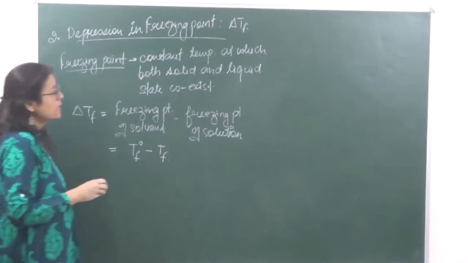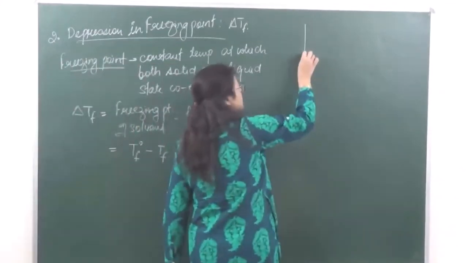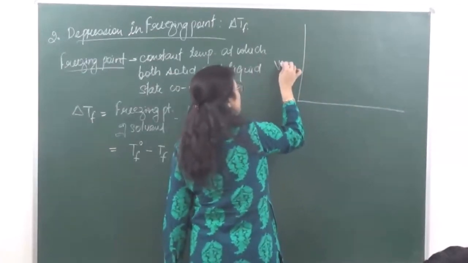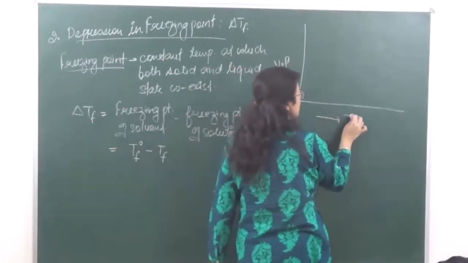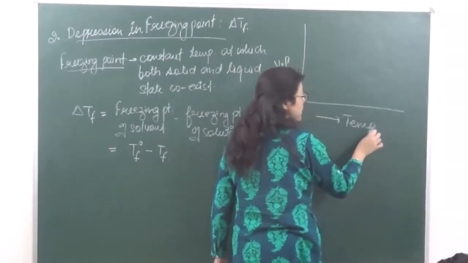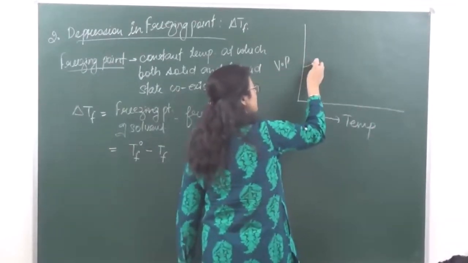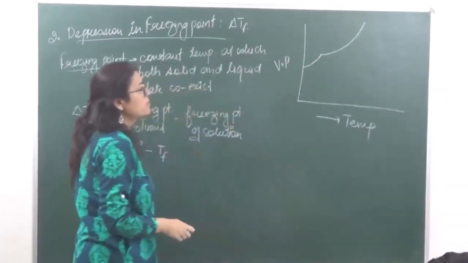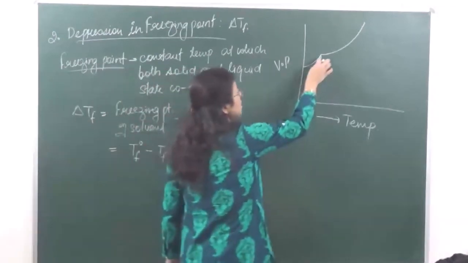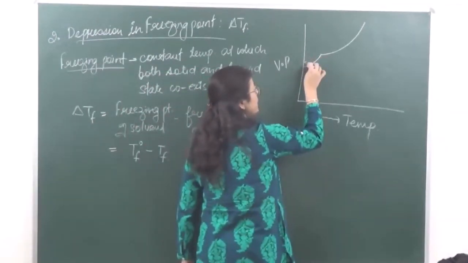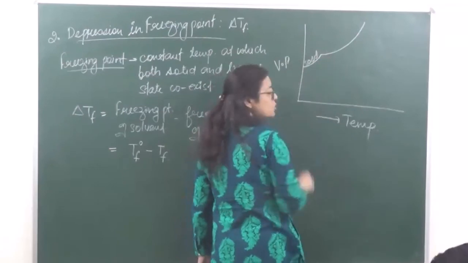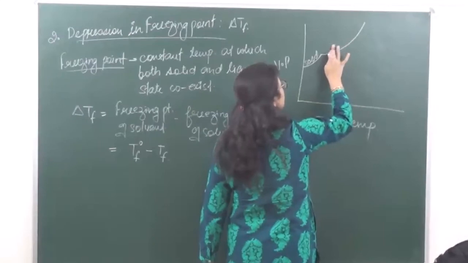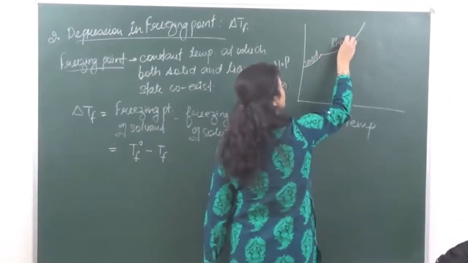If we are explaining it graphically, let's see. If this is the vapor pressure and this is the temperature, the graph of the pure solvent comes like this. The area below this point is the solid, right? And the area over here is going to be liquid.